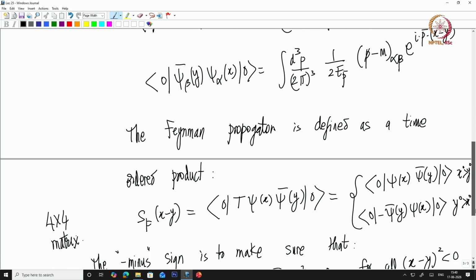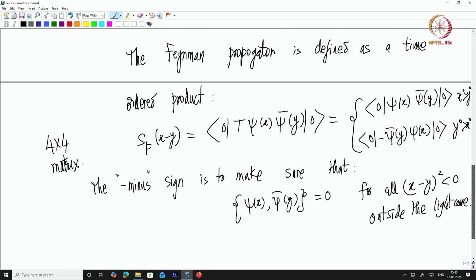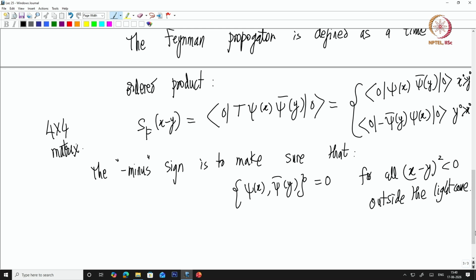We just have to make sure that there is a negative sign for y0 greater than x0, and that is important. Also, Lorentz invariance demands it, and then causality follows essentially in some ways.